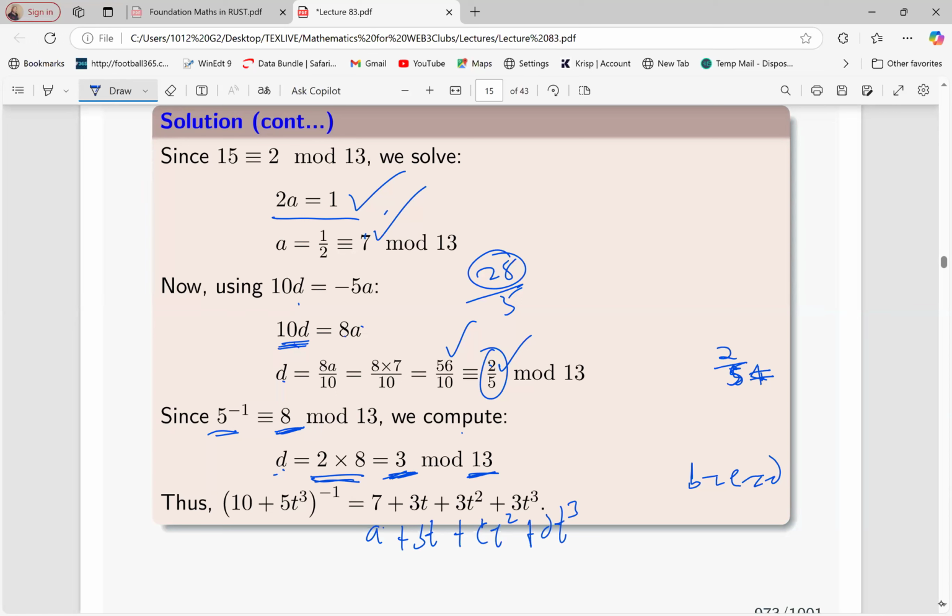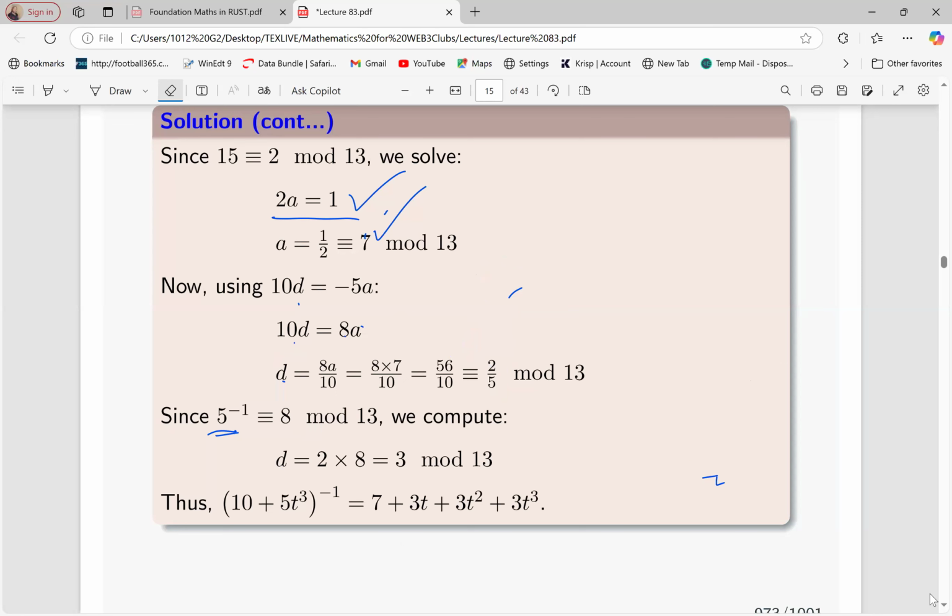So that means, therefore, since A is 7 and B is 3 and C is 3 and D is 3, then our inverse is this. This is our inverse. The inverse for this code. That is how the code will be doing the inverse.